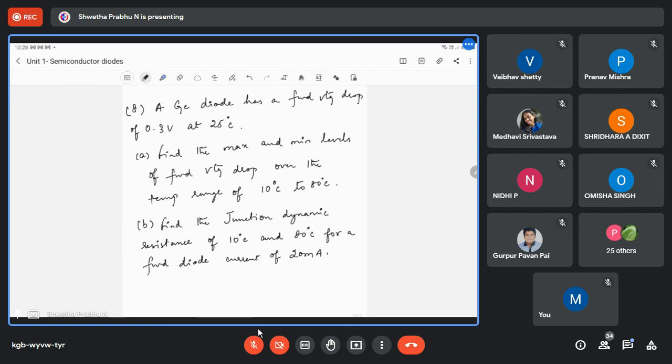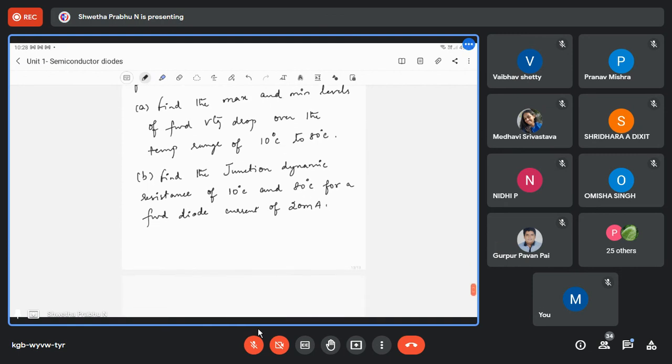Okay, listen. Junction dynamic resistance is nothing but you'll have to find the dynamic resistance if it is apart from room temperature. They have given 10 degrees Celsius and 80 degrees Celsius. If it is other than room temperature, then we call it the dynamic resistance at junction temperature, or junction dynamic resistance. We can also call it ambient temperature or junction temperature, if it is other than room temperature.